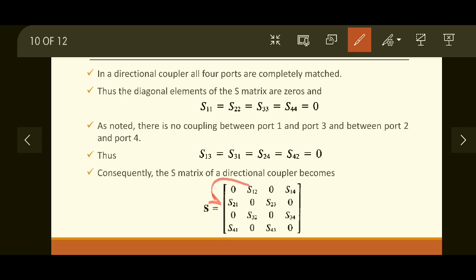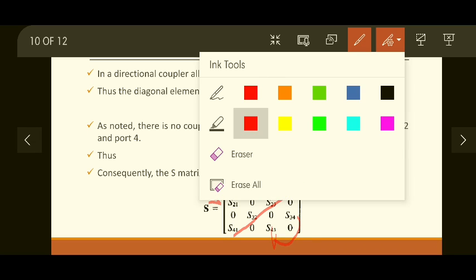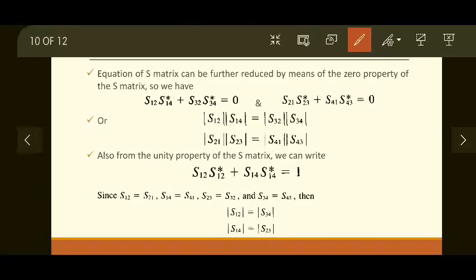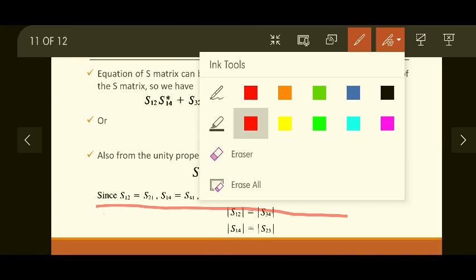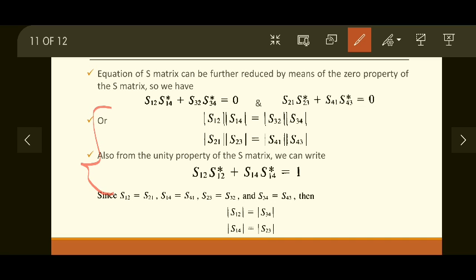These two are symmetrical, these two are also symmetrical, and these are all symmetrical. Because of this, if we use all these three properties, we can write S12 is equal to S34 and S14 is equal to S23.